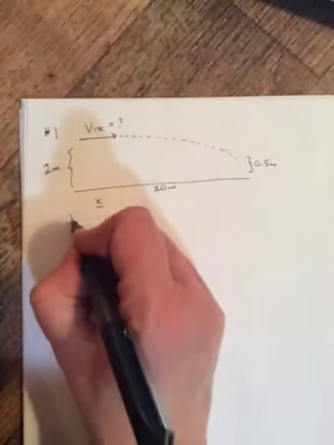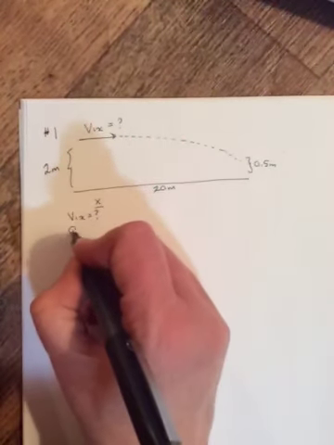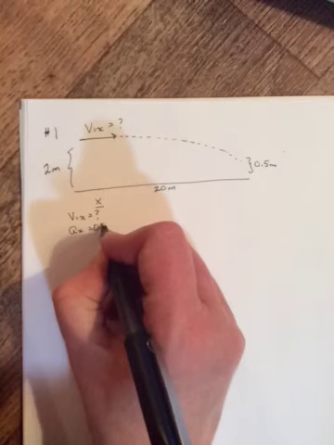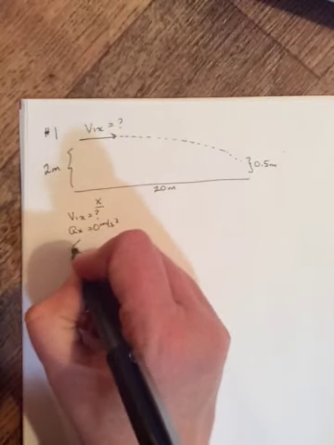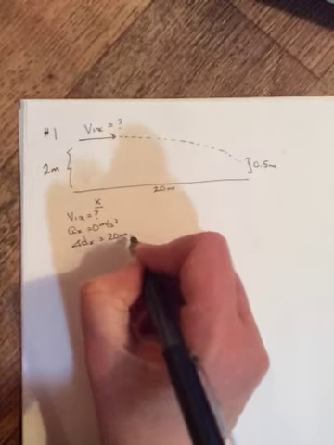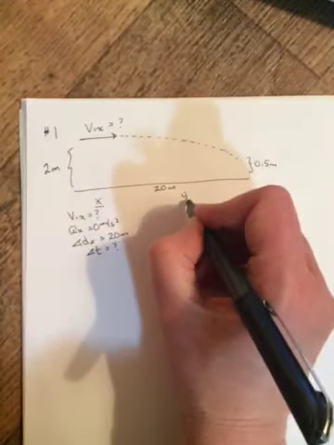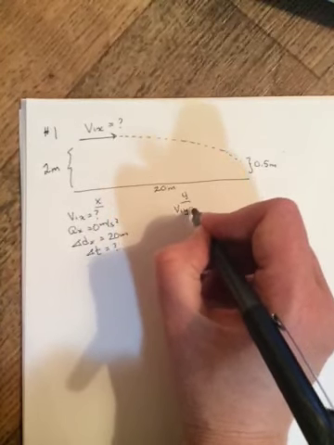So in the x direction, we're looking for VIX. It's a horizontal projectile. We know AX is 0, and we know delta dx is 20 meters. We do not know delta t. In the y direction, we know VIY is 0.